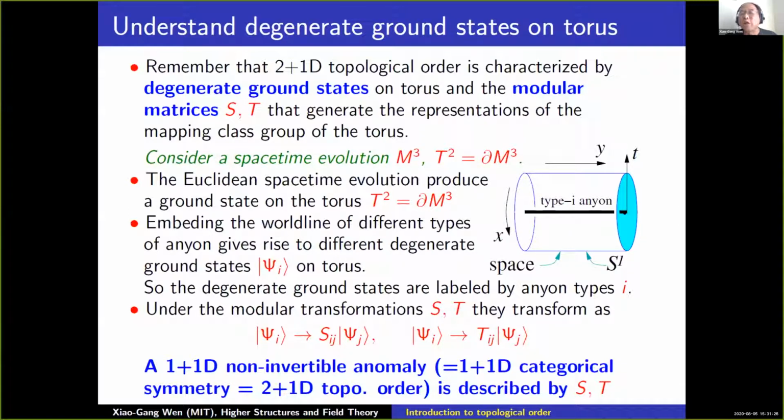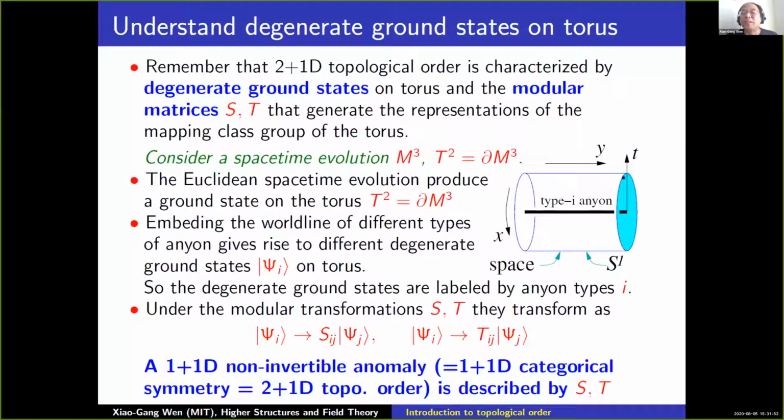When you have a Euclidean evolution for a long time, it's like projection to ground states. Therefore, this kind of evolution on the solid cylinder produces a ground state on the surface of the cylinder, which is a torus. So this is a geometrical way to view the degenerate ground states on the torus via the evolution represented by this solid cylinder in space-time.